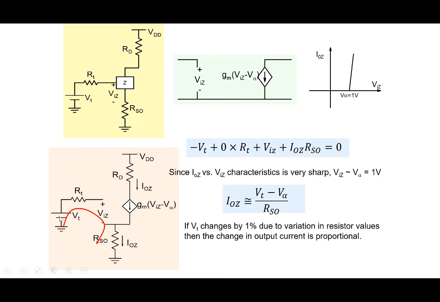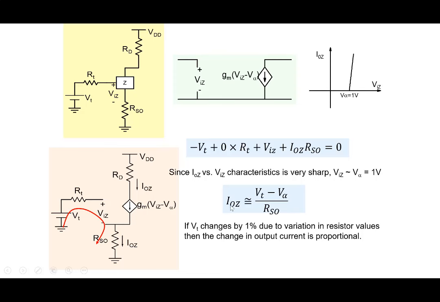And if for some reason, let's say you change R1 and R2, note that Vt depends on R1 and R2. If R1 and R2 change by 1%, the variation in Vt would be 1%, and you can see the variation in I0Z will also be around 1% here. So the sensitivity of the circuit is brought down by connecting this RS0 here.